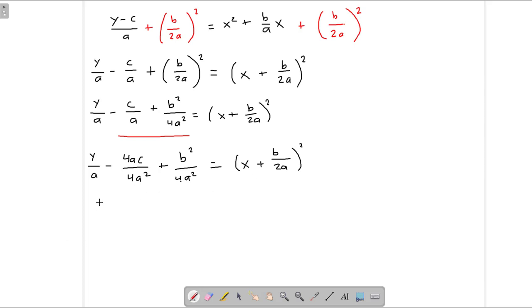And then I'll combine these into one fraction. So y over a plus (b squared minus 4ac) over 4a squared equals (x plus b over 2a) squared.